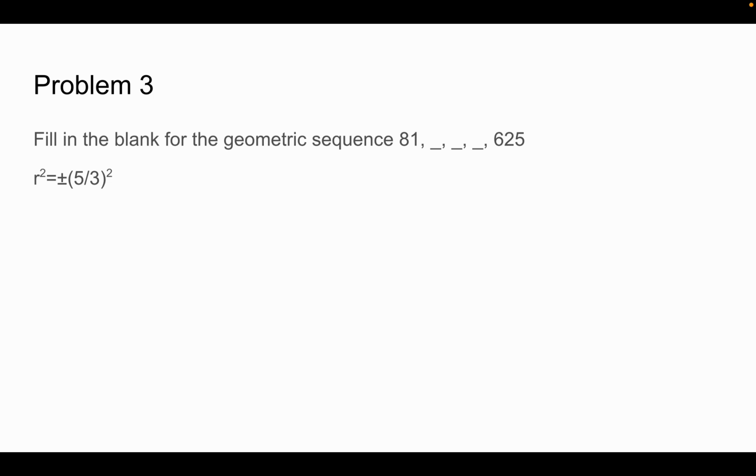Already we see that there are at least 2 solutions for r. And when we take the square root again, we have plus minuses again. So we have plus minus the square root of plus minus 5 over 3, and that's equal to the square root of r squared.